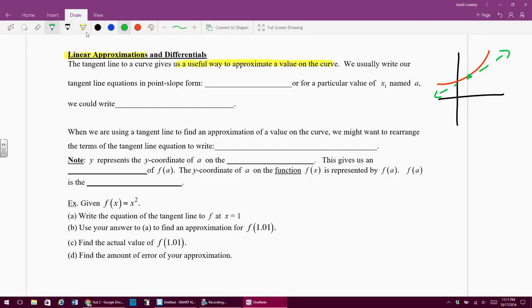Now, normally, everything we've done up to this point, we've written our tangent lines as y minus y1 equals m, x minus x1.